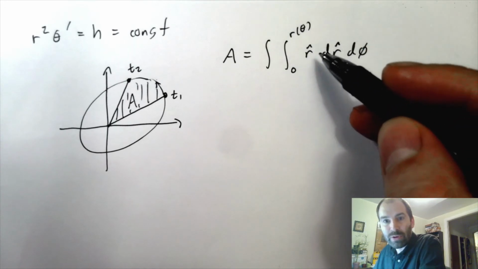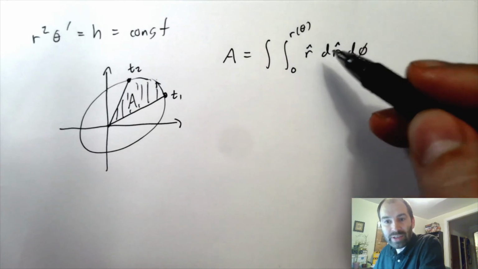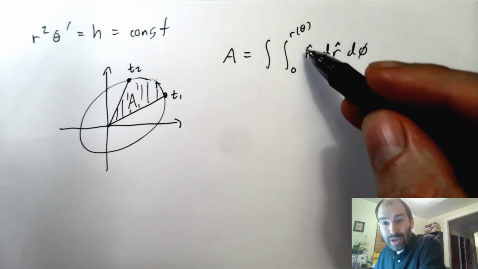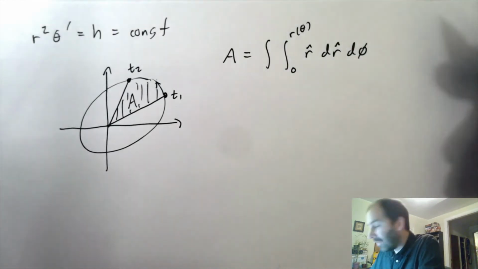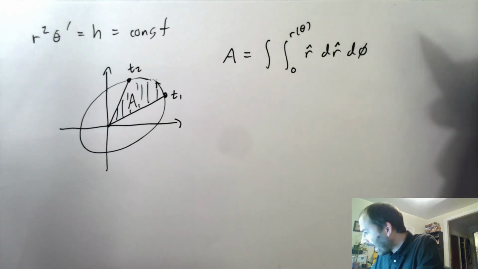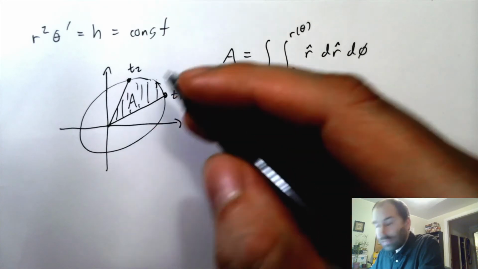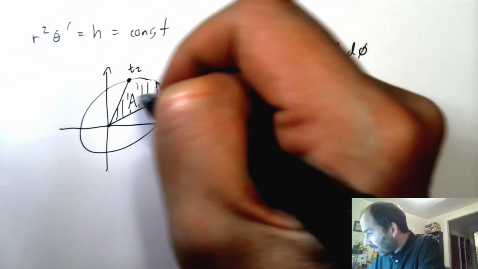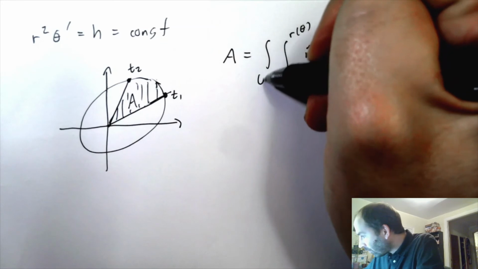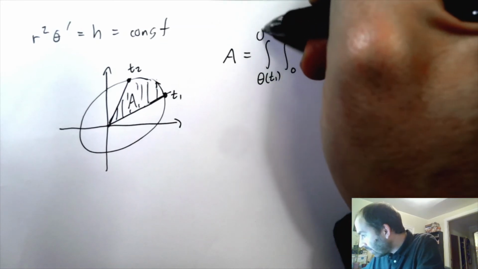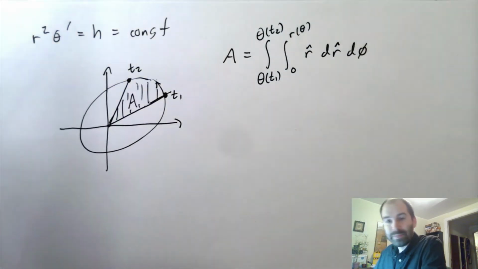This has to be a dummy variable that's different than what you called that. This represents the radius, but I have to give it a different name than that one. And phi is the angle that goes from this value of theta to this value of theta. So I'm going to go from theta at time 1 to theta at time 2.